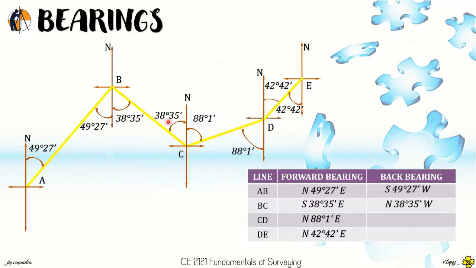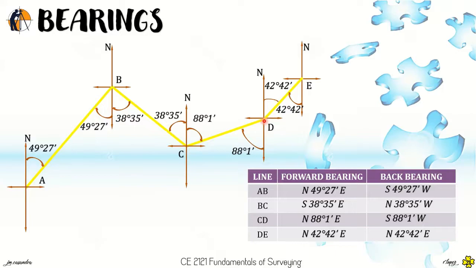BC is north 38 degrees 35 minutes west. CD is south 88 degrees 1 minute west. Line DE is south 42 degrees 40 minutes west.